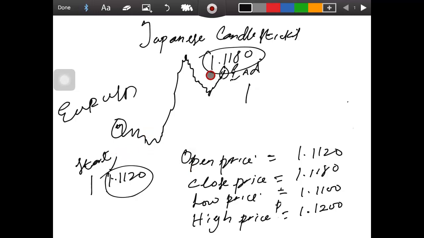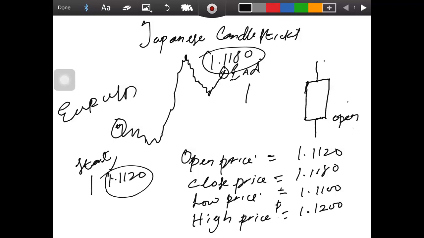What we need is the open price, and it's represented by a candle. It looks like a candle. So you have your open there, and then price went up. You have your close here, and then the low is represented by a wick, and the high is represented by another wick.